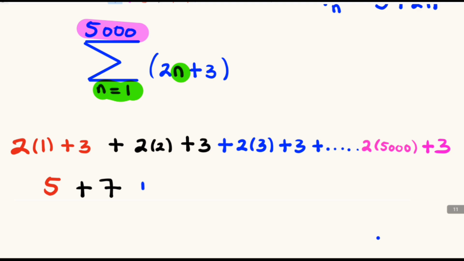And for the third term, 2 multiplied by 3 is equal to 6, and 6 plus 3 is equal to 9. And the last term, we have 2 multiplied by 5,000, which will be 10,000, plus 3, this will be 10,003.